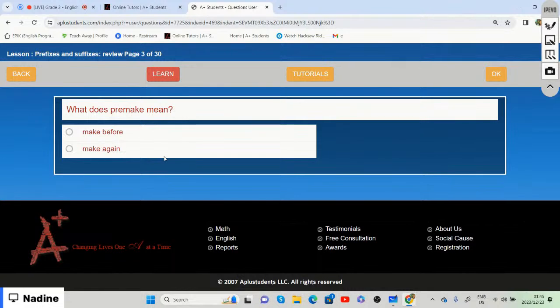So premake, either to make before or to make again.